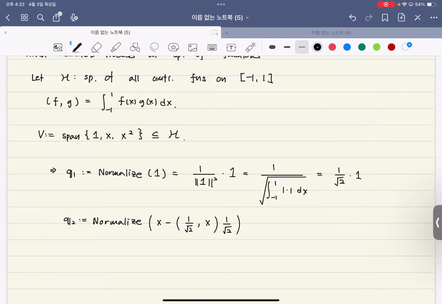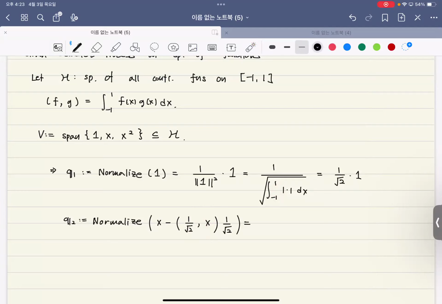First, I have to compute this number. Oh, wait, this number is nothing but 0. Why? Because 1 over square root of 2 times x is being integrated from -1 to +1, and this is clearly 0 because it is an odd function.